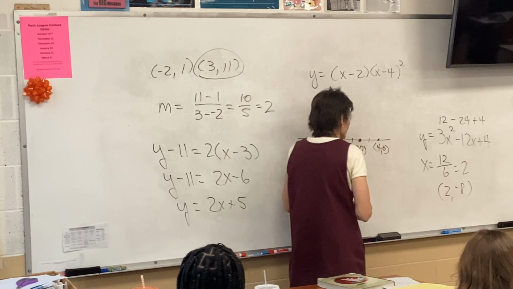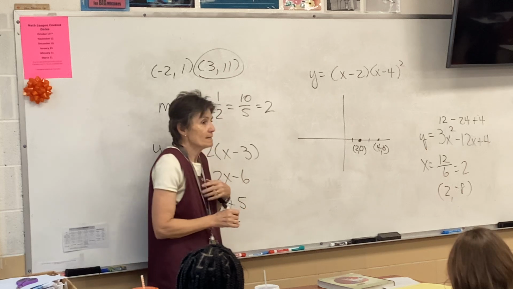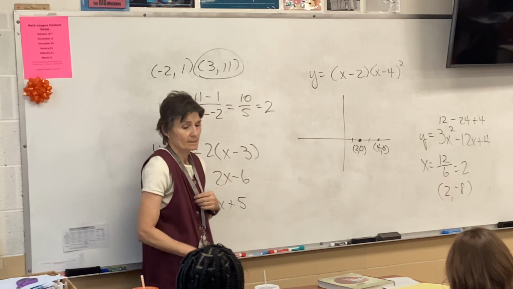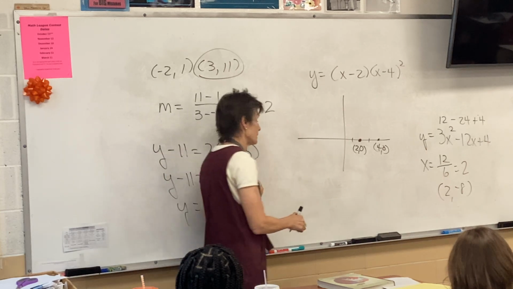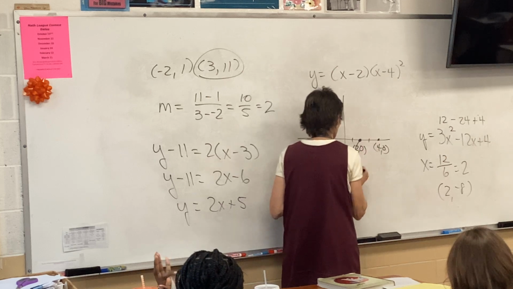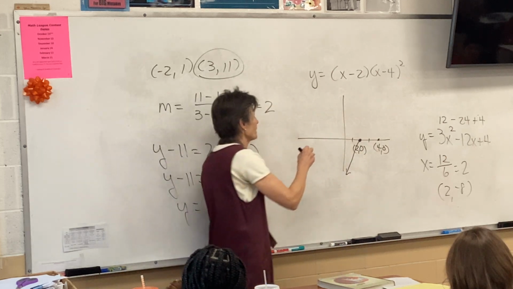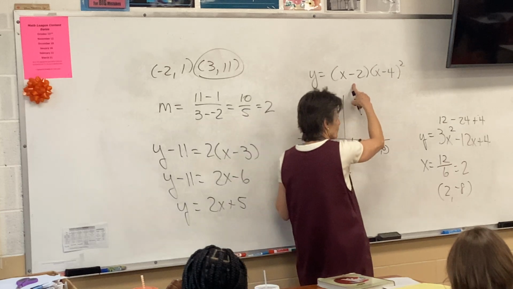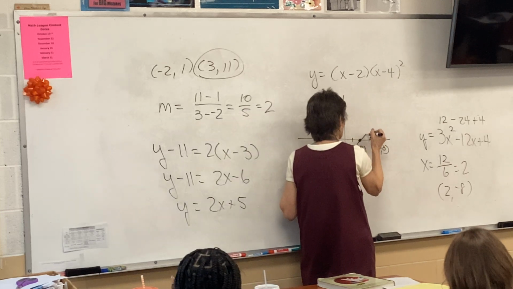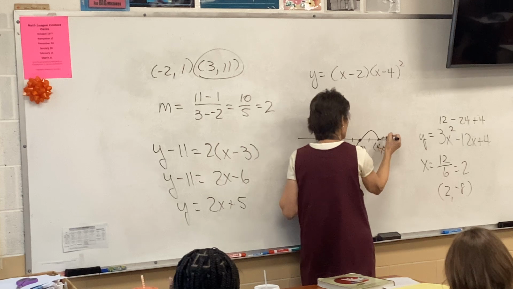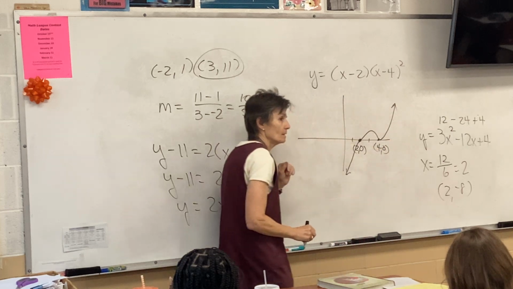Good job, Dan. How many x's does this problem have? 3. So it starts down below. Now, at 2, am I gonna keep going or turn around? Keep going. It bounces at 4. And then here I turn around, right?